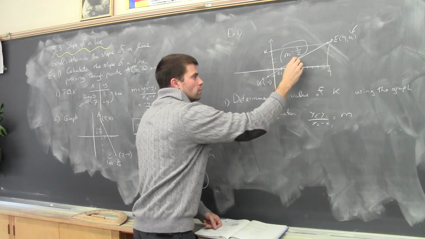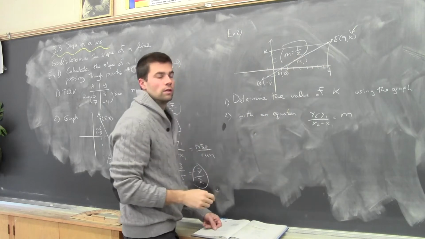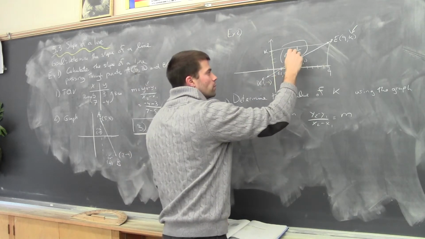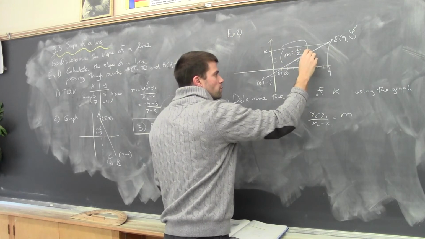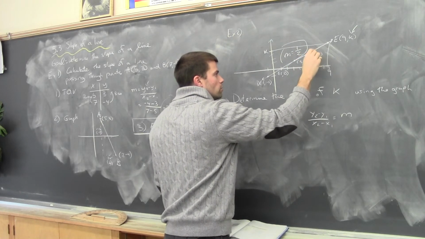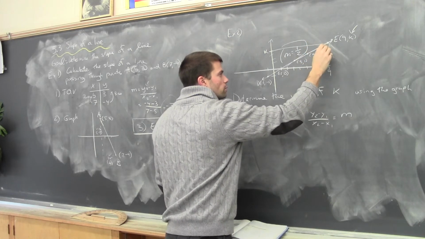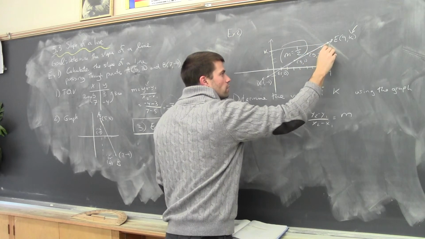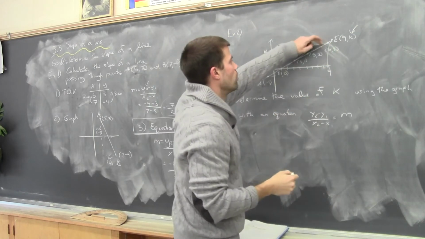Okay, the next point, you're going to rise 1 and run 2. 1, 2, so it would be 3, 1. Next point, you're going to rise up 1 and run 2, 1, 2. So this would be 5, 2. Rise 1, run 2. This point would be 7, 3. Rise 1, run 2.